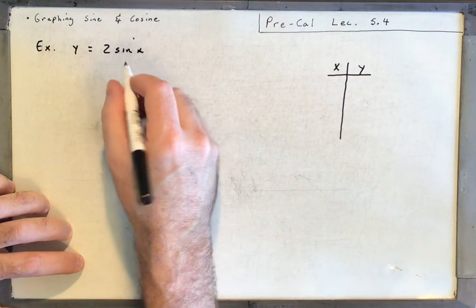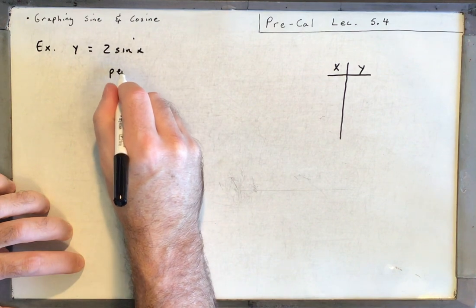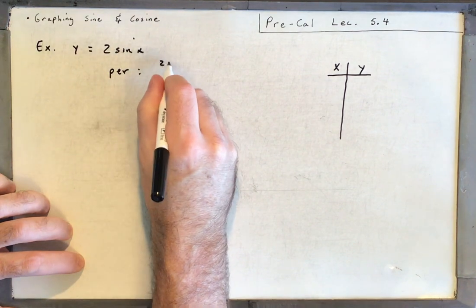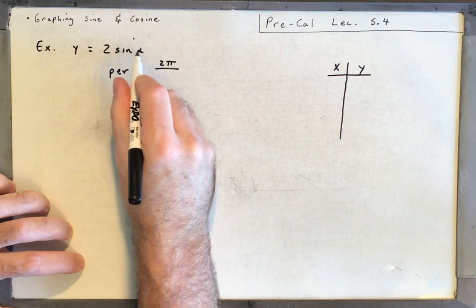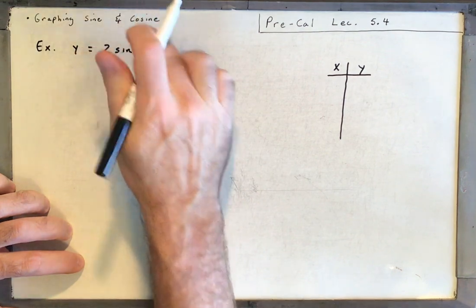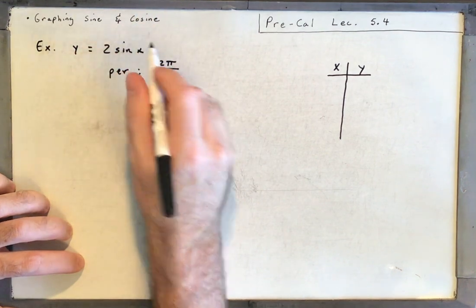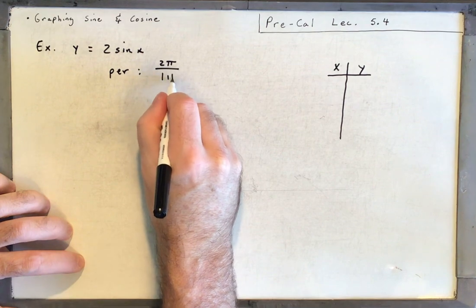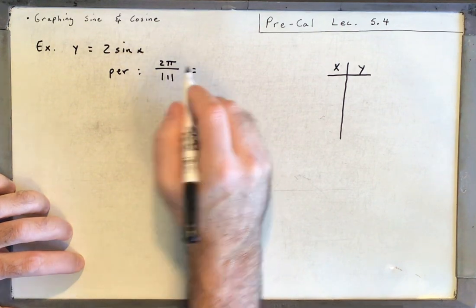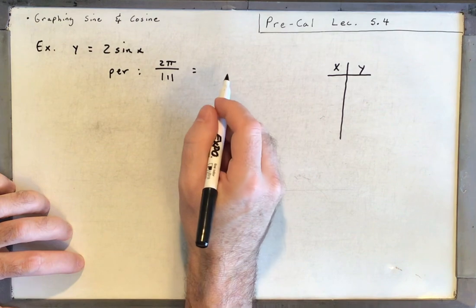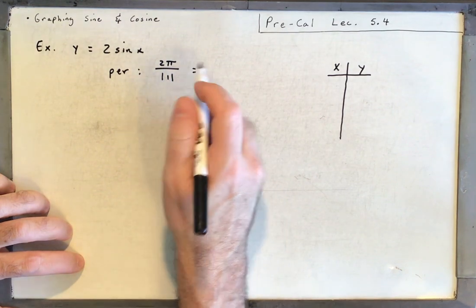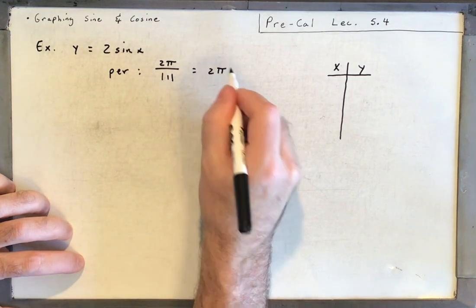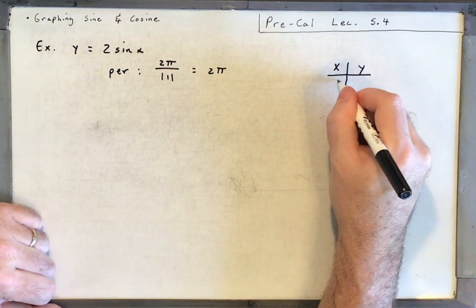So the period is 2 pi over the absolute value of b. Well, that's the number in front of x. So in this case, it's going to be the absolute value of 1. All right, not this number, that's the amplitude. So 2 pi over the absolute value of 1. So our period is just 2 pi. I'm going to divide that into fourths.